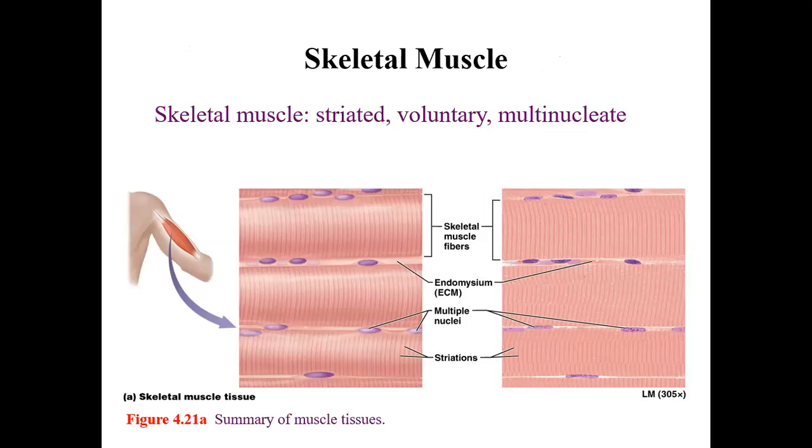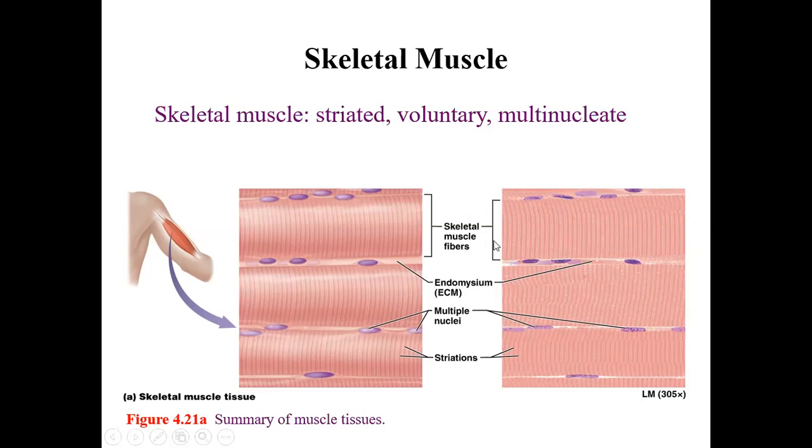Skeletal muscle, that's one example of muscle tissue. This is striated, and so when you look at the picture here, and here's the actual microscope image on the right, you can see those lines running up and down. The actual cell is this long rectangular looking section there.